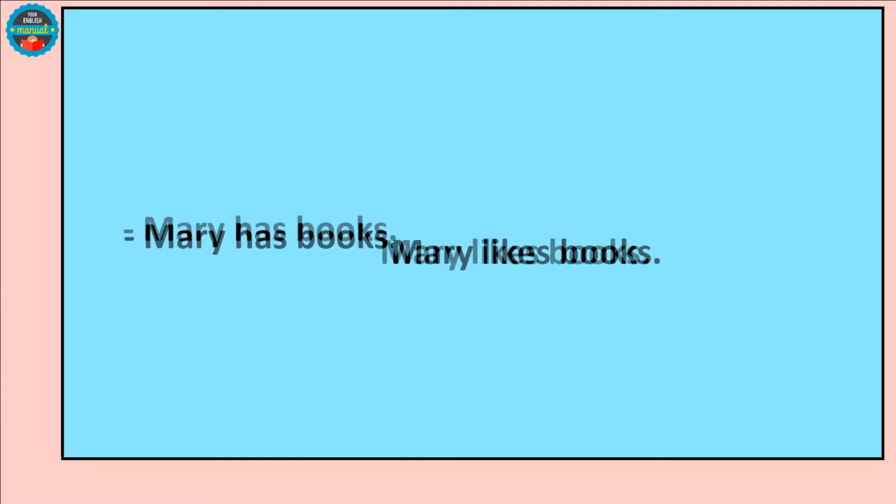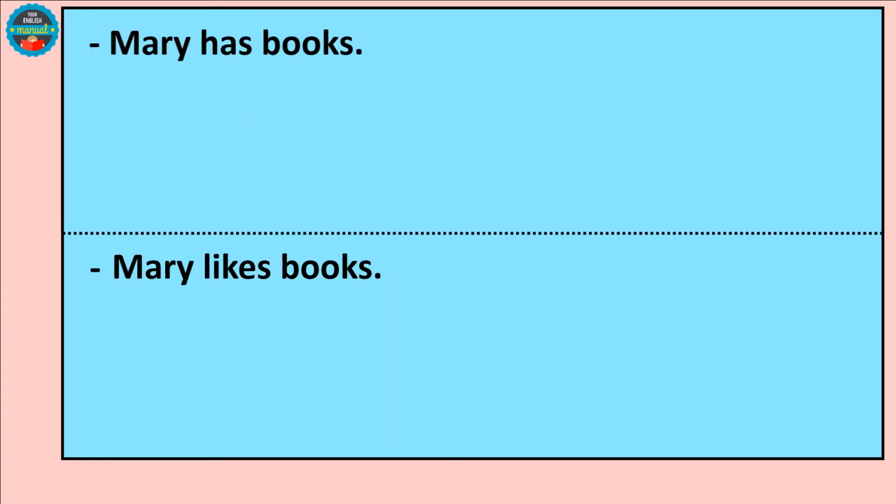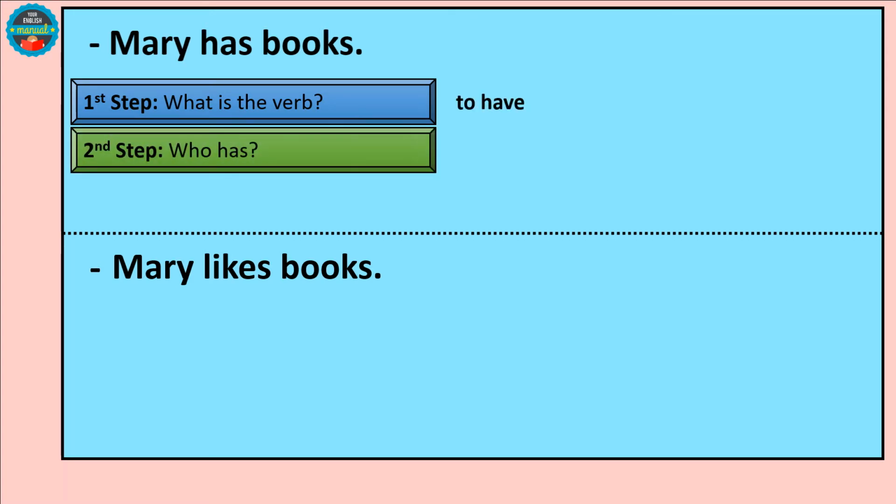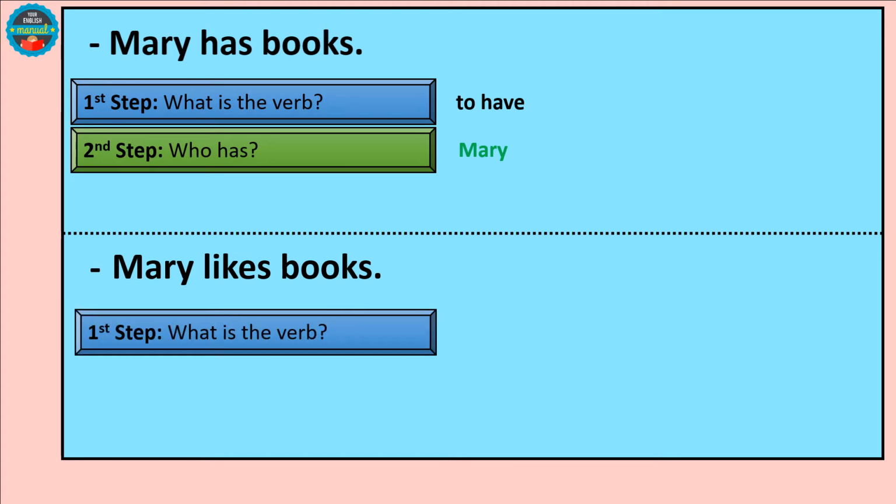Now let's put into practice what we saw at the beginning. Let's see the first sentence. Mary has books. First step. What's the verb? To have. Second step. Who performs the action of having? Mary. So the subject of the sentence is Mary. Now the second sentence. Mary likes books. First step. What's the verb? To like.